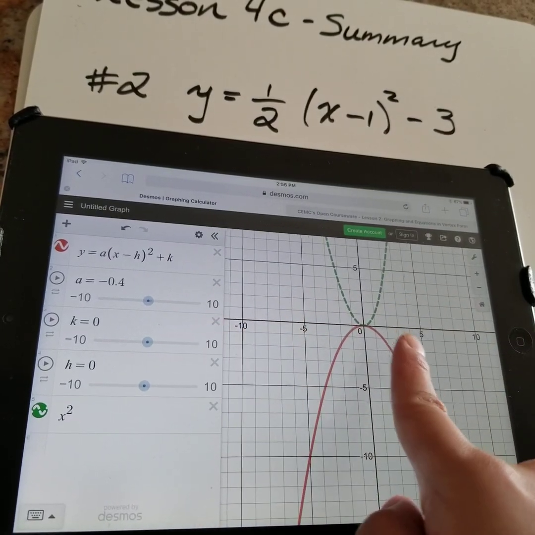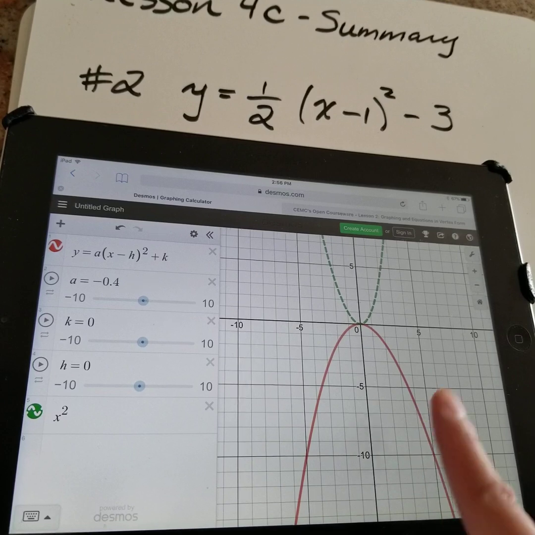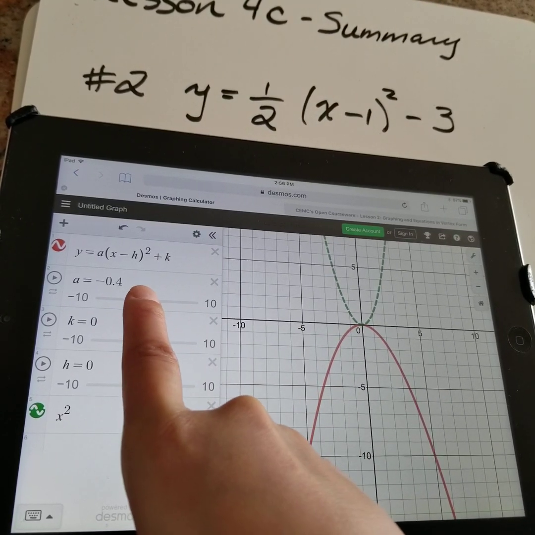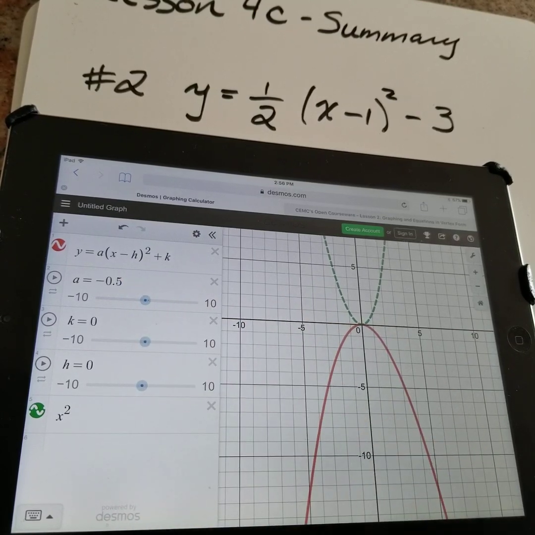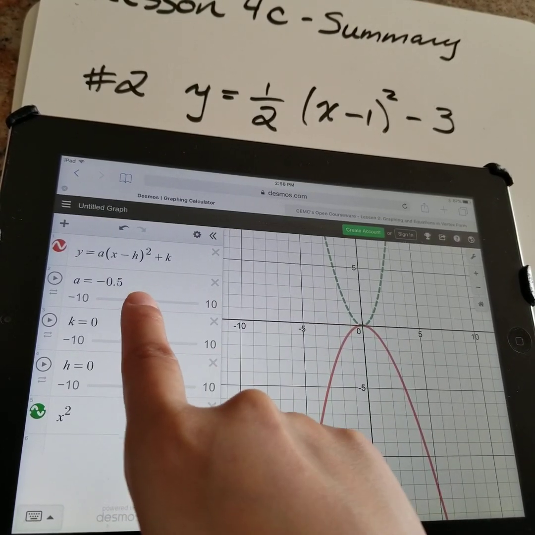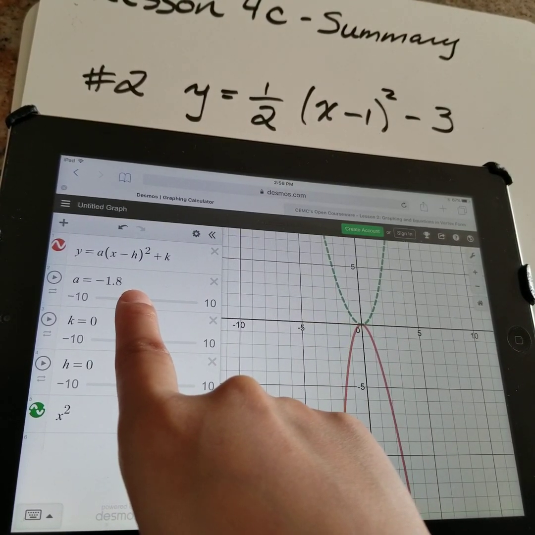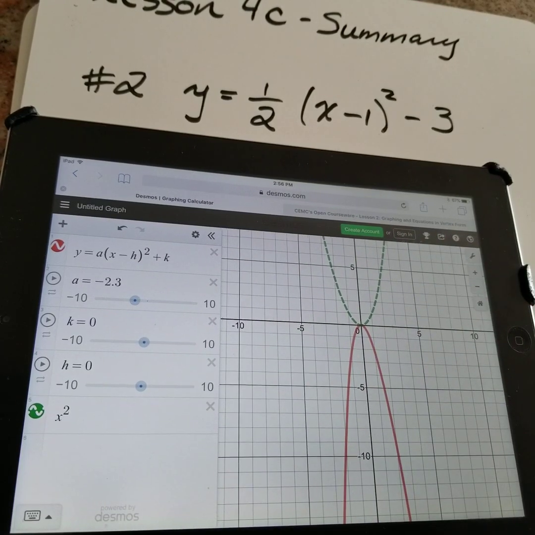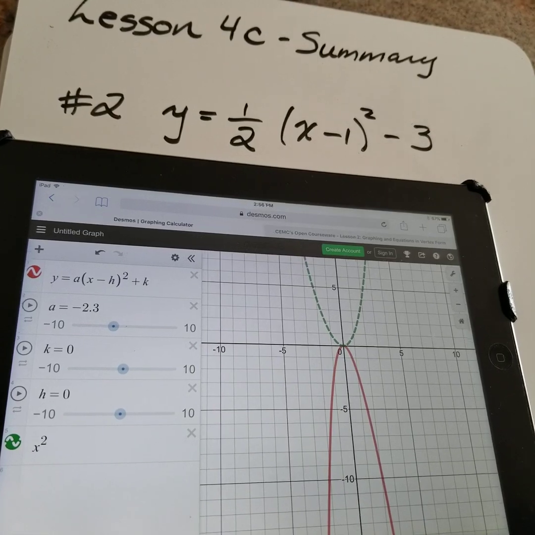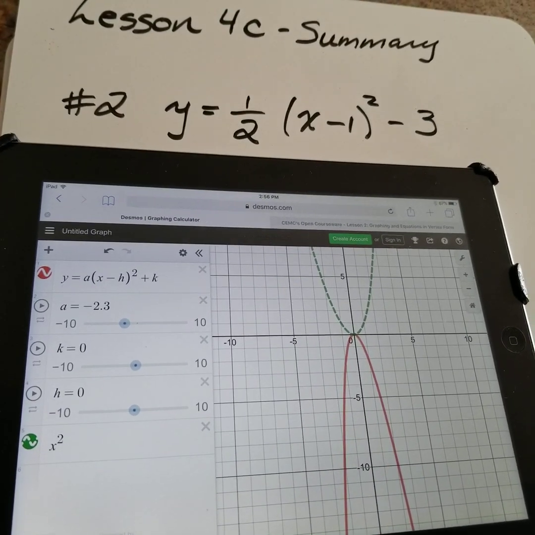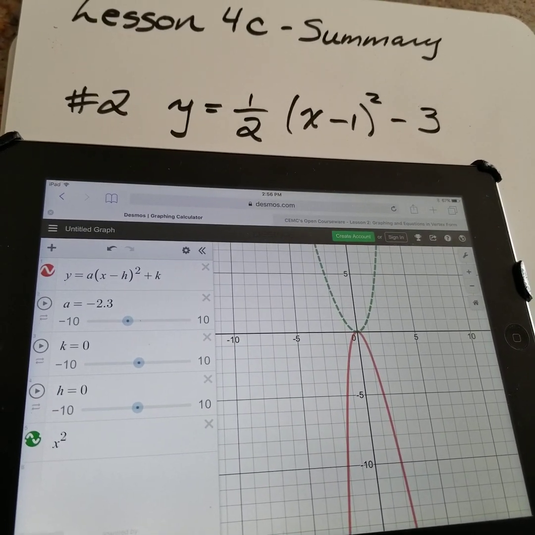So again, if it's between 0 and 1 and it's still negative, I can see that I have a wider graph than my original parabola. And then if I have one that's greater than 1 but also negative, it's now going to appear narrow, but it's also reflected.